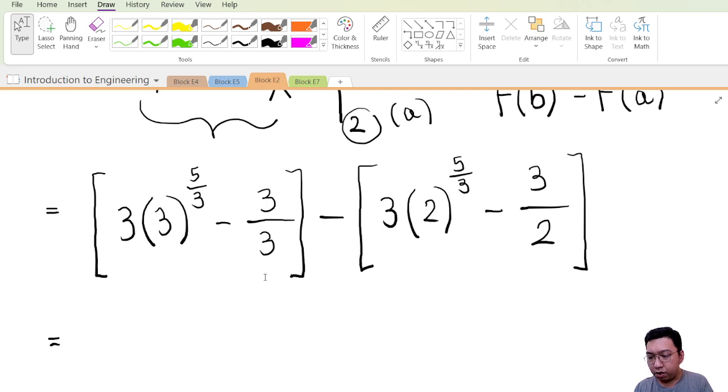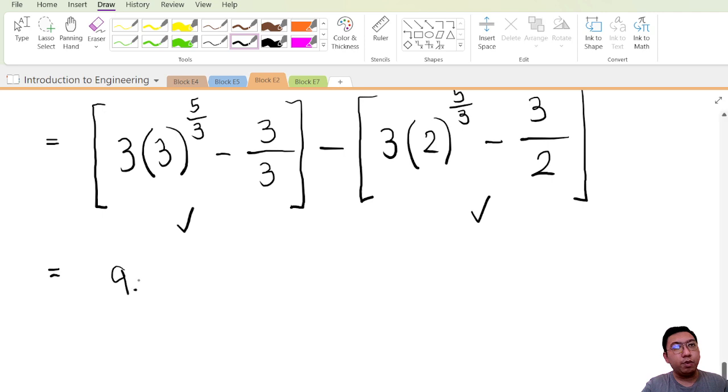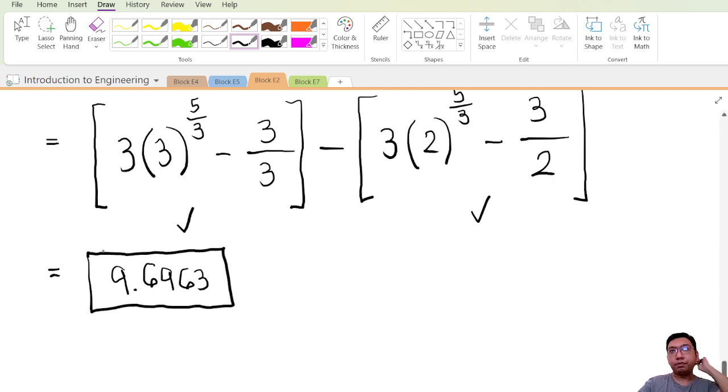If you want to type in the answer for each of the terms, like you want to write the answer of this one minus the answer of this one, it's okay. But I just want to simplify my process of writing it. So my answer is around 9.6963. So I hope we have the same answer.